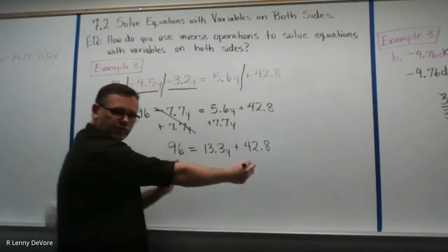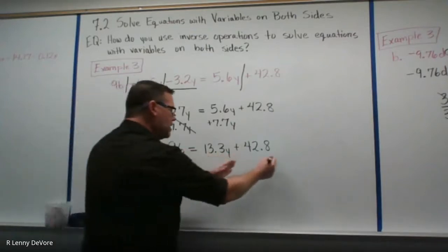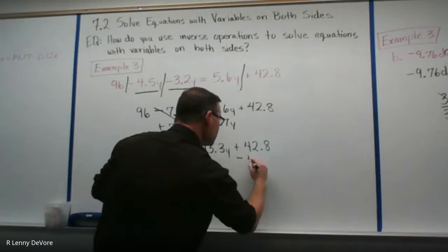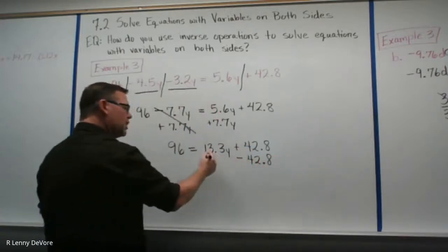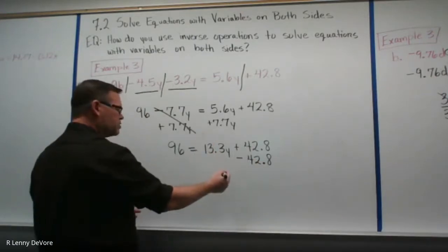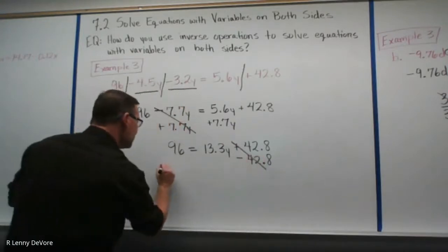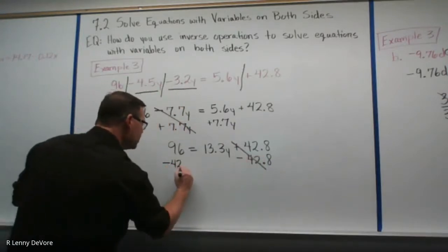Now I need to bring the 42 8/10 over to the 96. Since I'm adding it here, I would subtract. We want to make it 0, because then 0 plus 13 3/10 y is just simply 13 3/10 y. This cancels out. But don't forget, anything I do on that side, I have to do on this side.